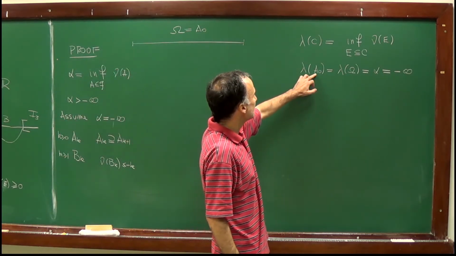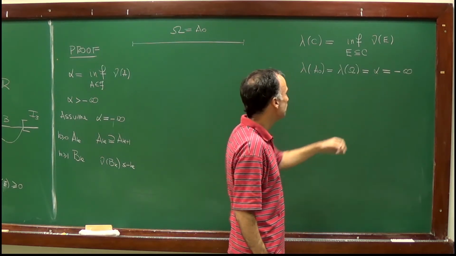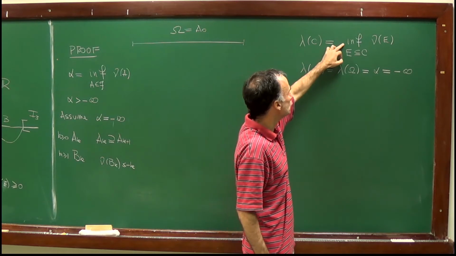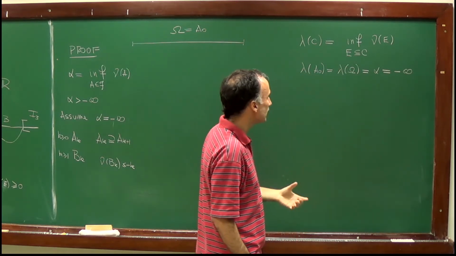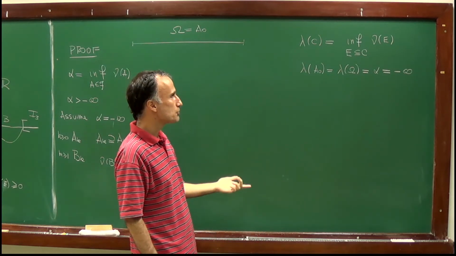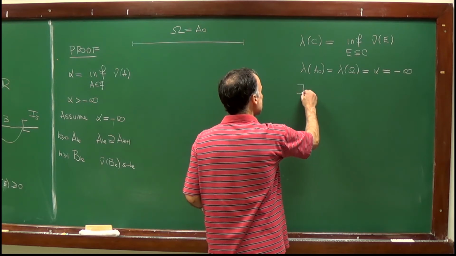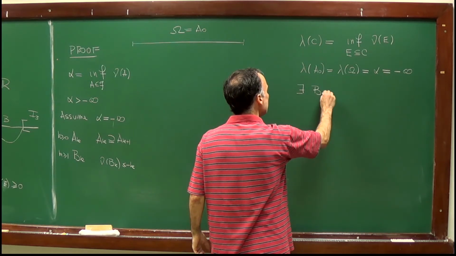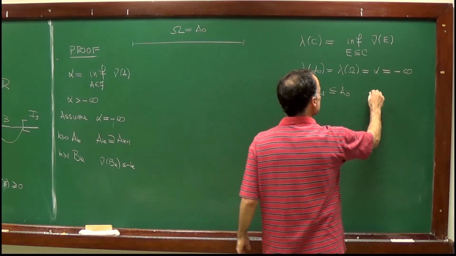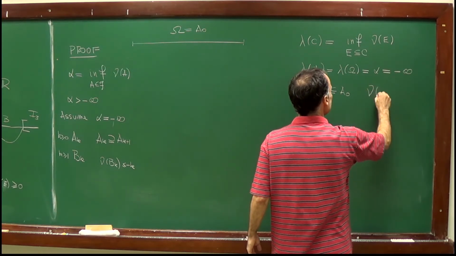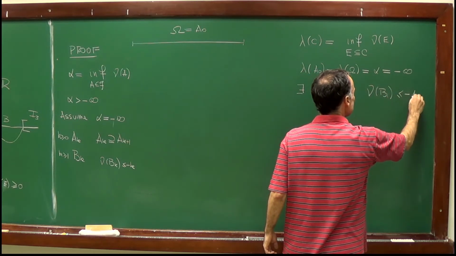Well, since lambda of A0 is minus infinity, so this infimum over all subsets of A0 is minus infinity, that means that I can find at least one whose measure is less or equal than minus 1. So there exists a set which I will call B1, which is contained in A0, and such that nu of B1 is less or equal than minus 1.